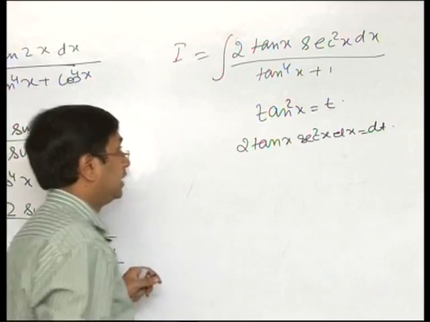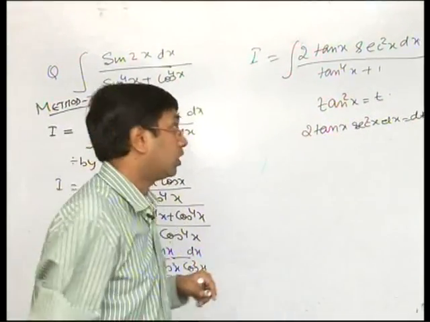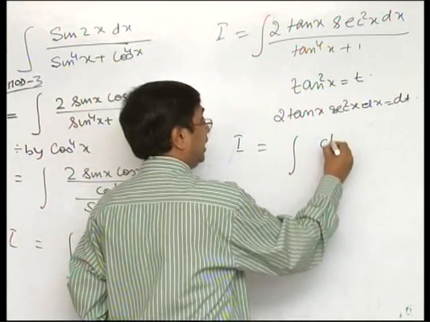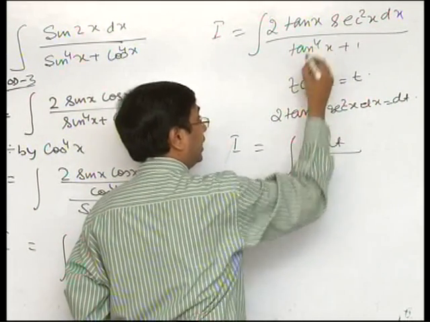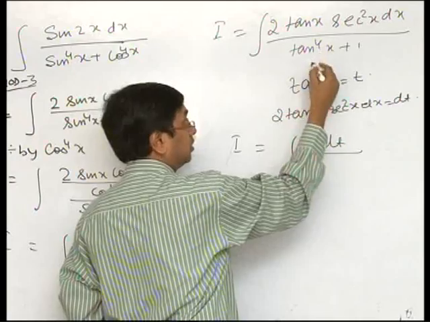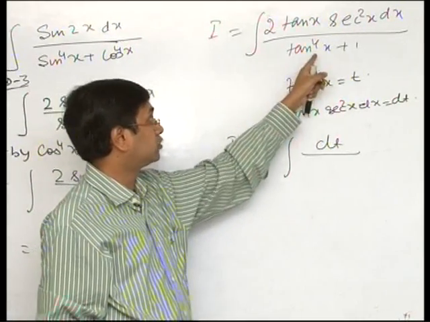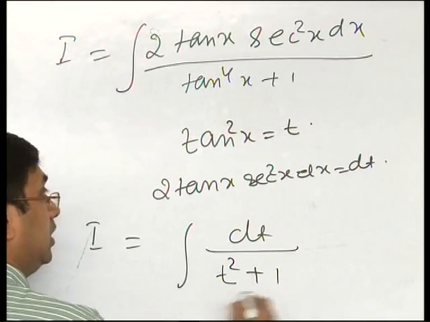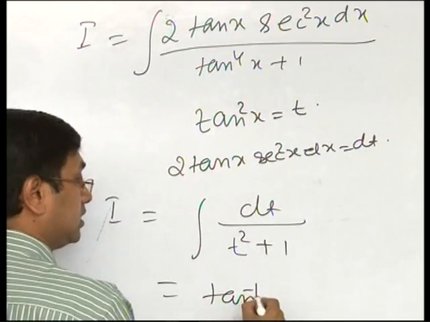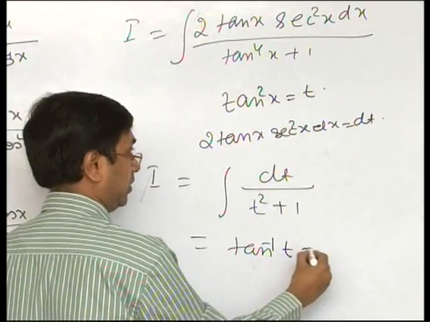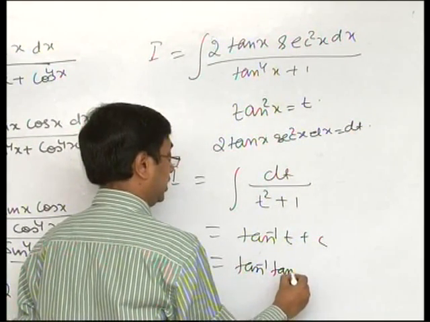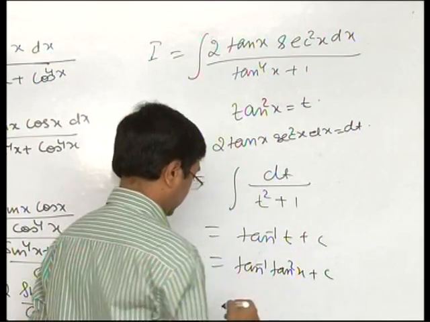Now you can see the entire derivative is there. And what is the advantage? We don't have to put any more substitution. And you have tan 4x here, which is tan square whole square. So tan 4x is the square of this. So you have t square plus 1, which gives tan inverse t plus c. So that is tan inverse of tan square x plus c.